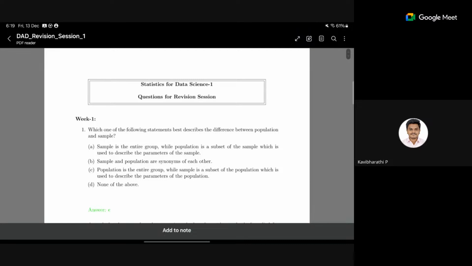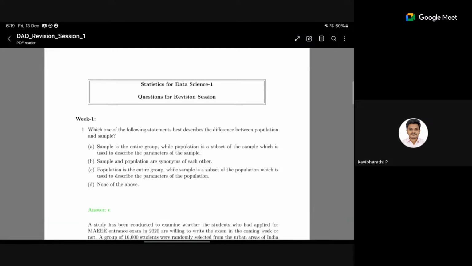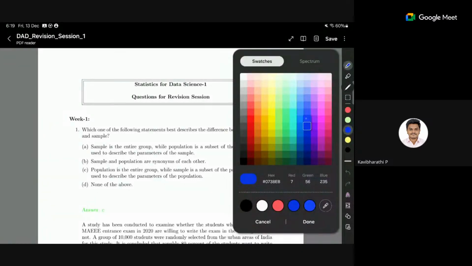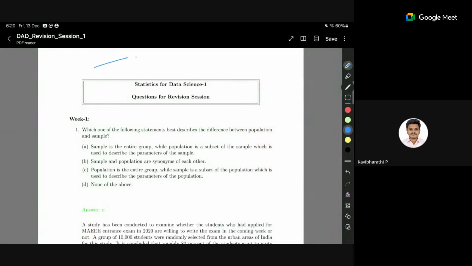So, week one is there. In that, generally we talk about what kind of variables are there. So there are four kinds of scales, which are nominal, ordinal, interval scale.